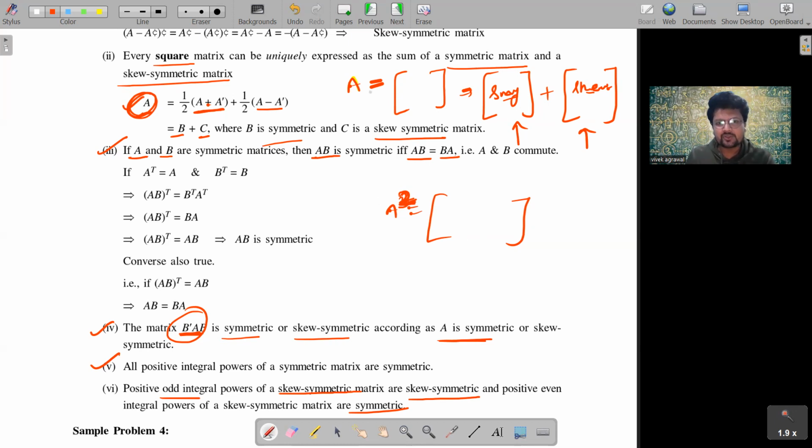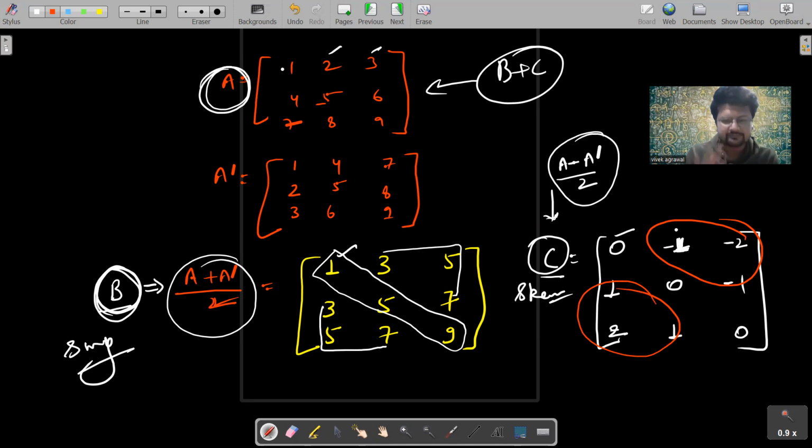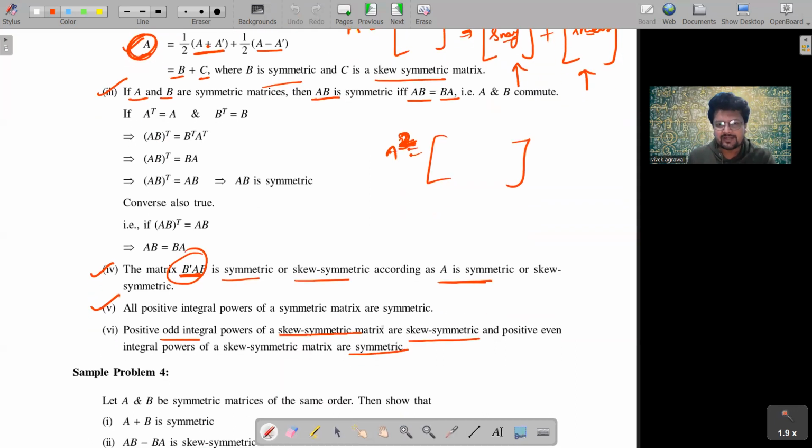In a skew symmetric matrix, you will always observe that the upper part and the lower part are the same, with the difference of a negative sign only. So odd powers of a skew symmetric matrix give a skew symmetric matrix only, but even powers give a symmetric matrix. Any doubts in this?